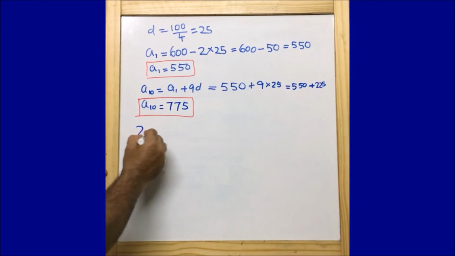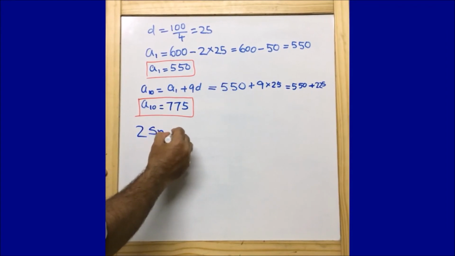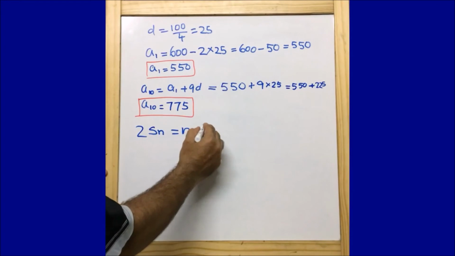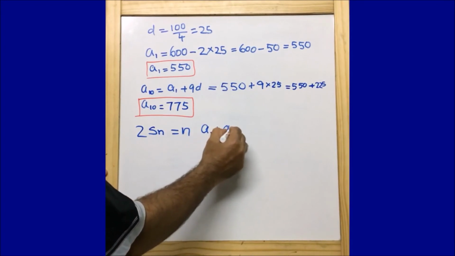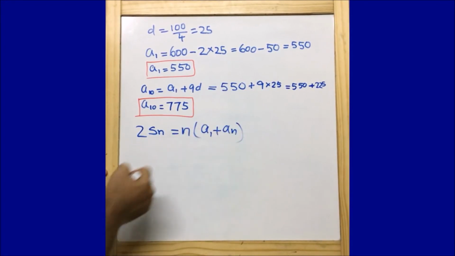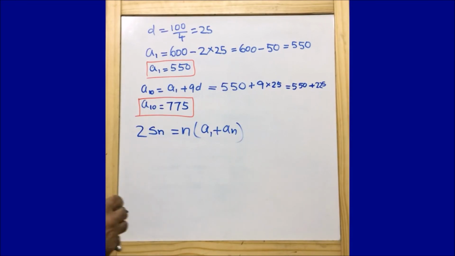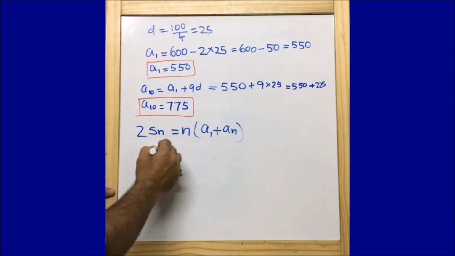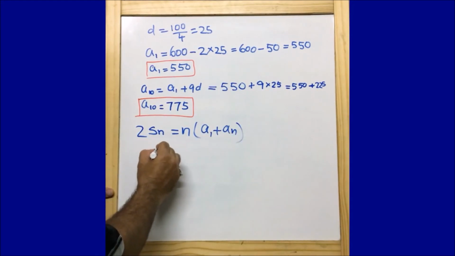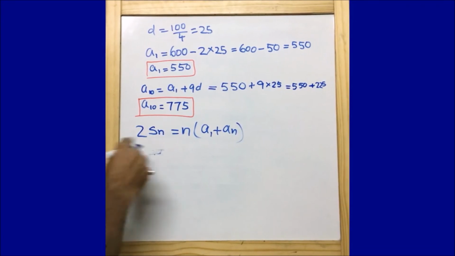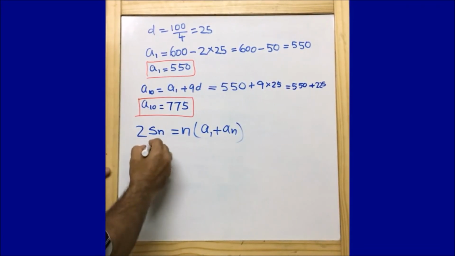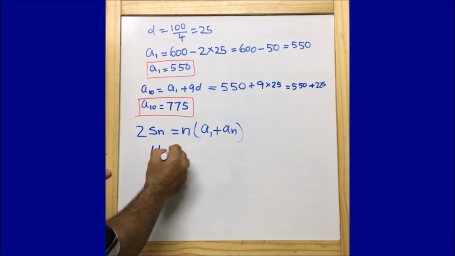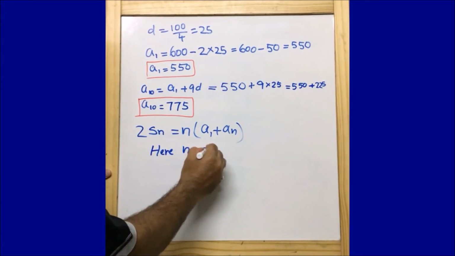So I can write 2Sn is equal to n into a1 plus an. This is the formula. Now we are going to find out the total value of production till 7 years. So that means here n will be 7.